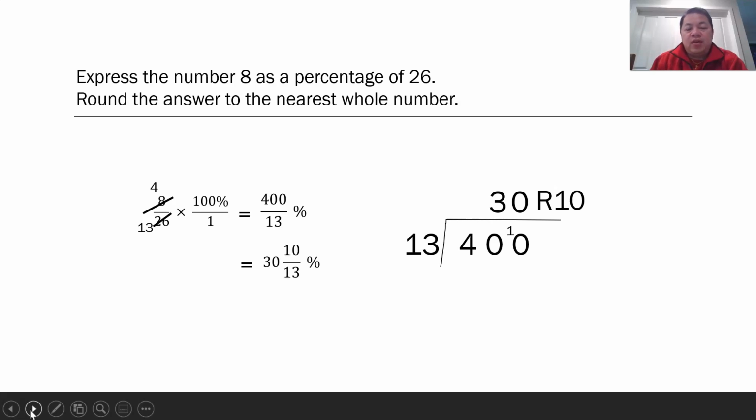So you have 30 and 10 over 13%, and you're required to leave the answer to the nearest whole number. Looking at this, you see 13, half of 13 is 6.5, so 10 is more than 6.5, and that's the reason why we round up the answer to 31%. Hope you are clear with this.